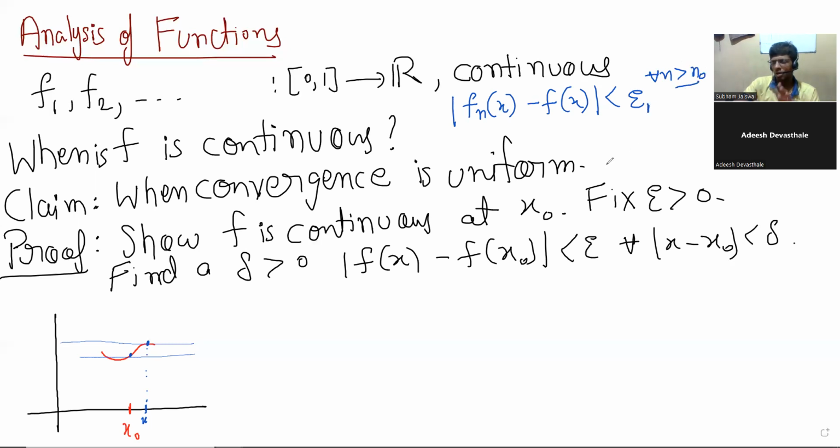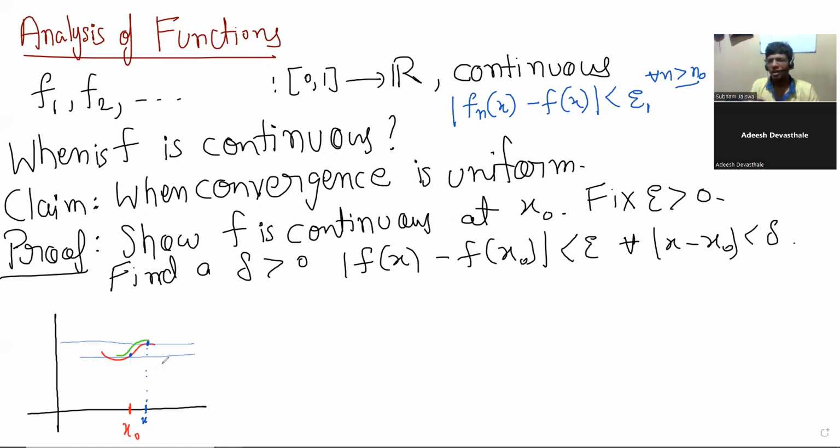Let me just write epsilon 1, because for any epsilon you can. So there is an fn which is very, very close to this f, and that is continuous.